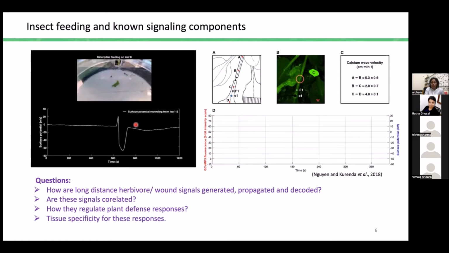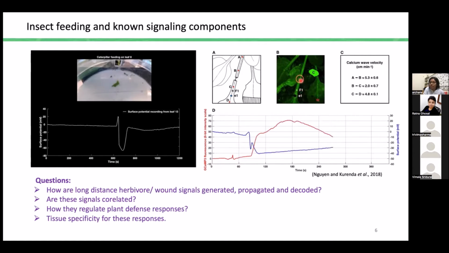So to correlate this with some ions, we also visualized the calcium ions which we predicted. Here we have a transgenic Arabidopsis plant which has GCaMP for cytosolic calcium measurement. So you see that in the distal leaf, when there is a membrane depolarization, at the same time we see an upregulation of cytosolic calcium.